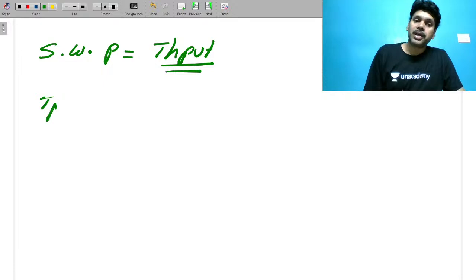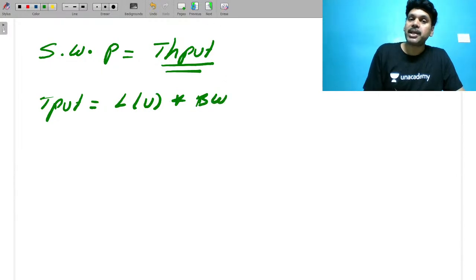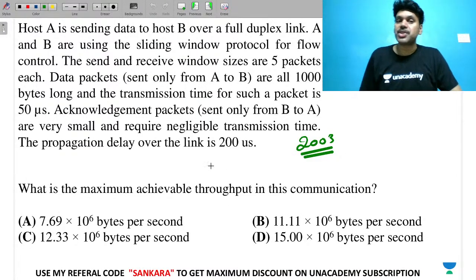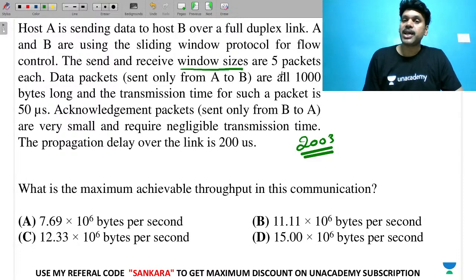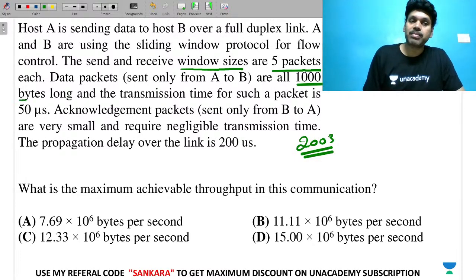Same. Your throughput is nothing but the same: link efficiency into bandwidth. But in this question, bandwidth is not mentioned. You observe what parameters are given. Window size 5 packets. First parameter. And each packet size is 1000 bytes long.